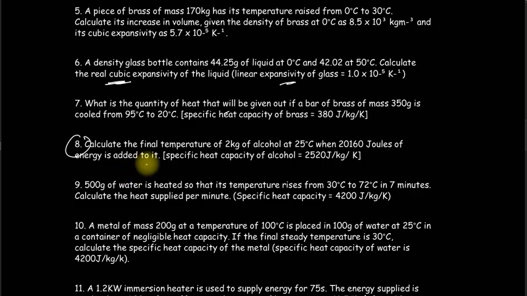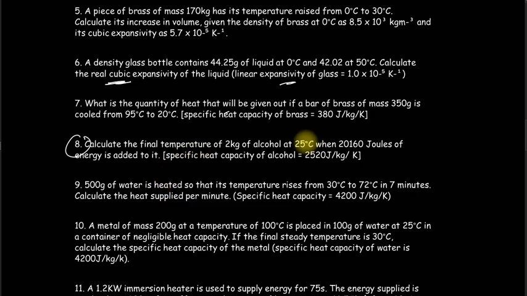Now when we add energy to a substance, it should increase in temperature. So we expect the final temperature to be higher than the initial temperature. Don't forget that concept. If we remove energy from it, it should decrease in temperature. So the final temperature, we can expect it to be lower than the initial temperature.